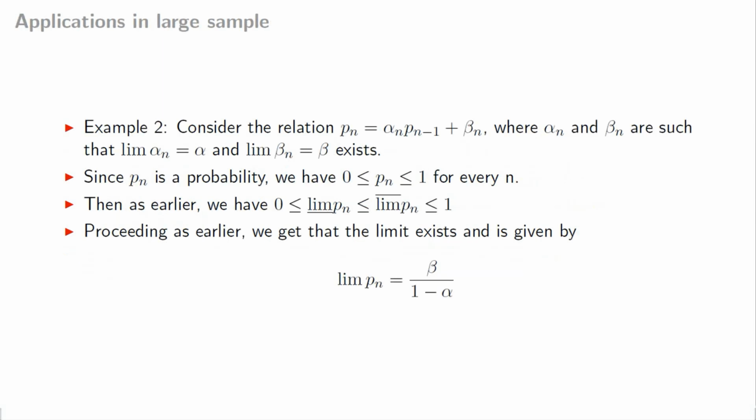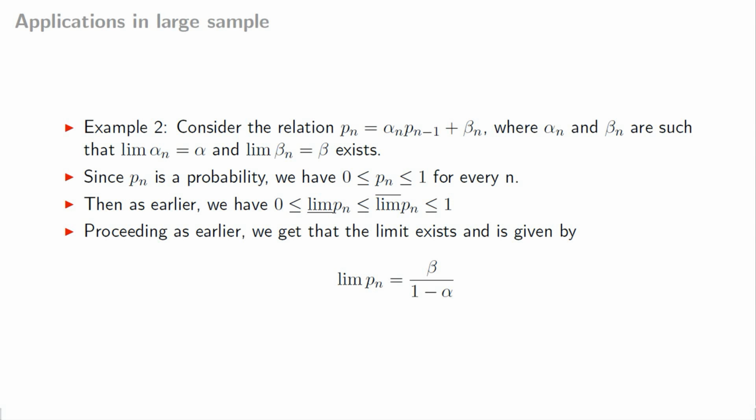Consider the next example. Consider the relation Pn equal to alpha n Pn minus 1 plus beta n, where alpha n and beta n are such that the limit of alpha n equals alpha and the limit of beta n equals beta, and they are all finite. Again, since Pn is a probability, we must have 0 less than or equal to Pn less than or equal to 1 for every n.